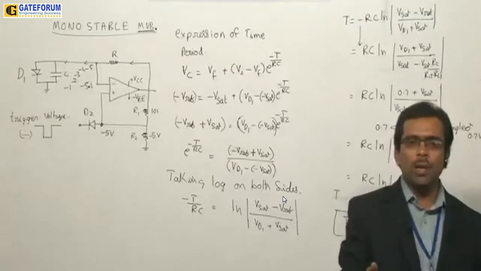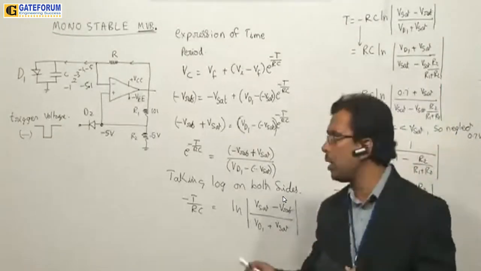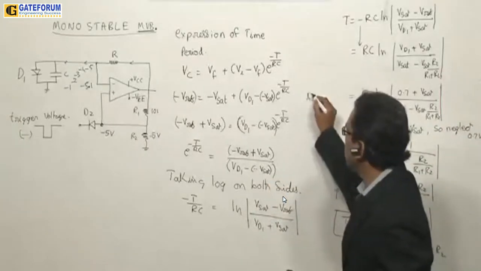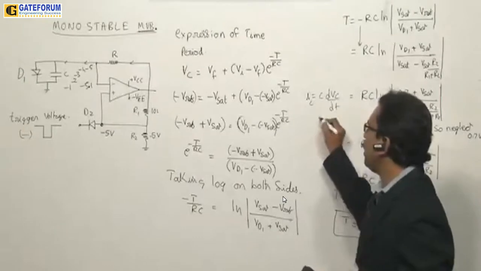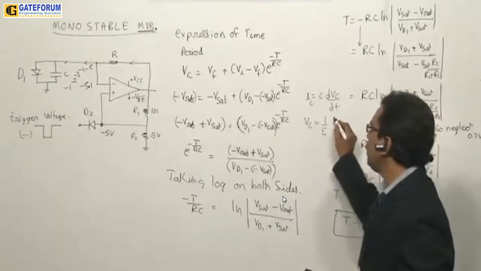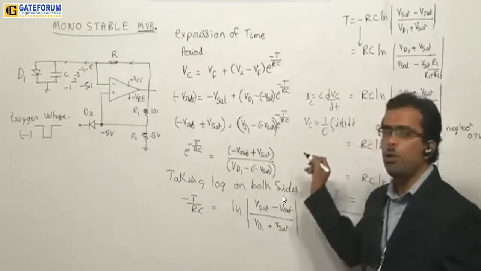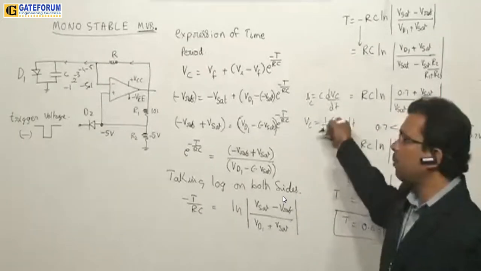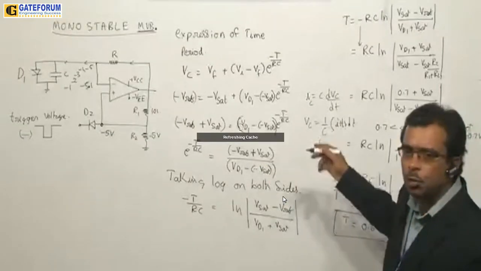You are supposed to apply that formula: for current, I is equal to C into dVC by dt, and for voltage, VC is equal to 1 by C into integral of I(t) dt. So these are the formulas. As I told you, current is 1 ampere. Put it here, put the capacitor value. If you want current, you get current. If you want voltage, you get voltage.